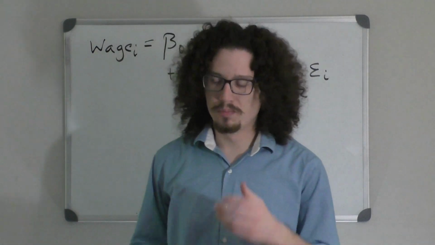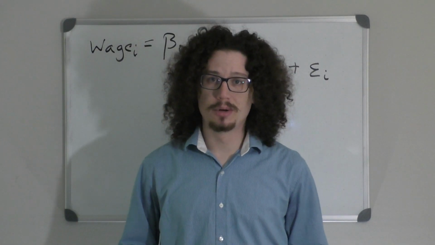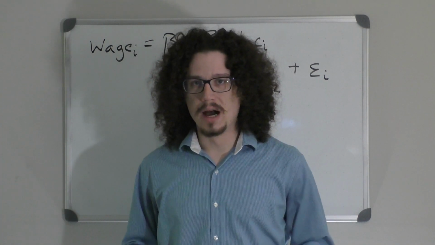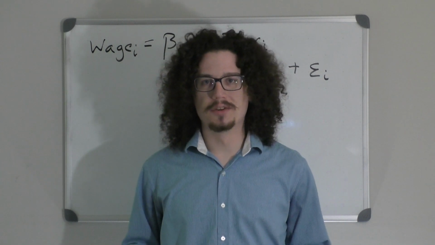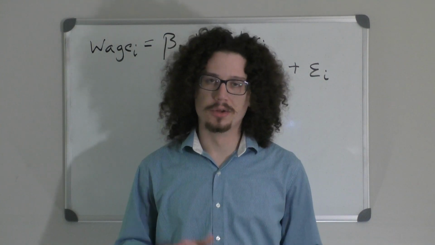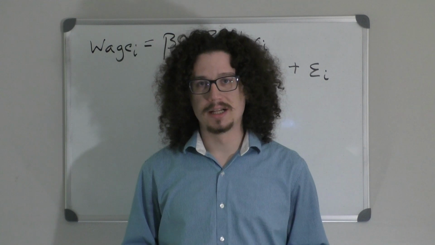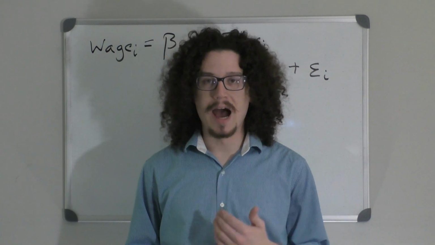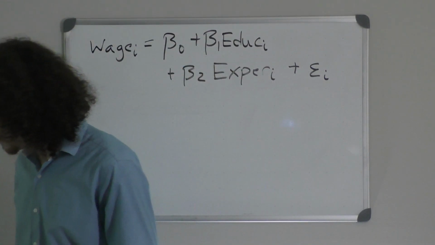Luckily, there are a lot of statistical programs like Minitab that are going to do this for you. I intend to put up a video, hopefully shortly after this one goes up, that walks through some of these things, not only showing you how to perform a regression or multiple regression analysis in Minitab, but also how to read the output from that analysis.